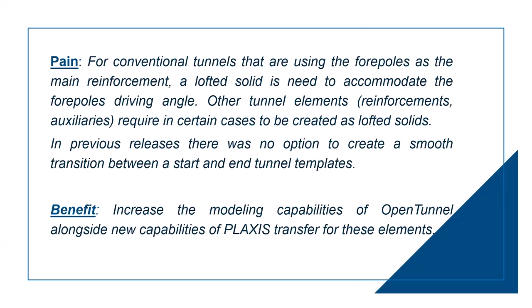But now our programmers have devised the solution, and yes, we can create lofted solids. That not only improves the capabilities of the modeling itself, but also remember that OpenTunnel has a transfer to PLAXIS for full geotechnical analysis, so all those properties go to them.